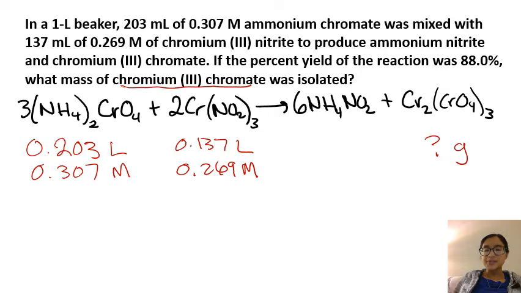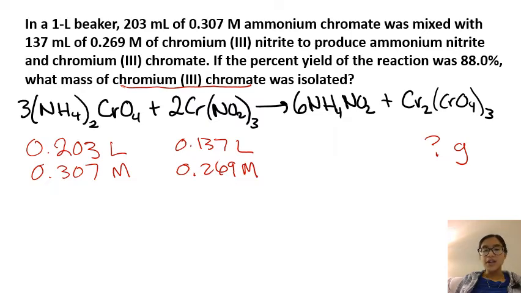So let's do that. And one more thing to note about our roadmap here. Look at the pattern, right? We're given amounts of 2 of the starting materials, and we're asked about the product. That kind of pattern really tells me this is a limiting reagent type problem, because we don't really know which one of these is going to give us the correct mass of the product.